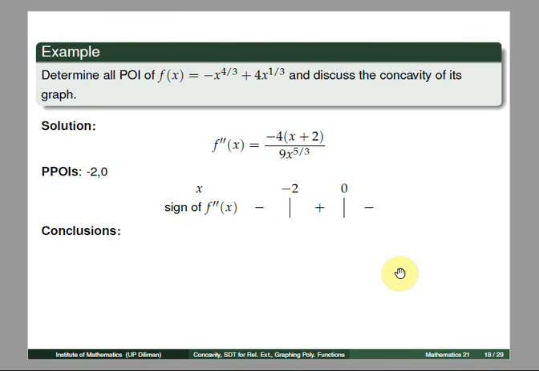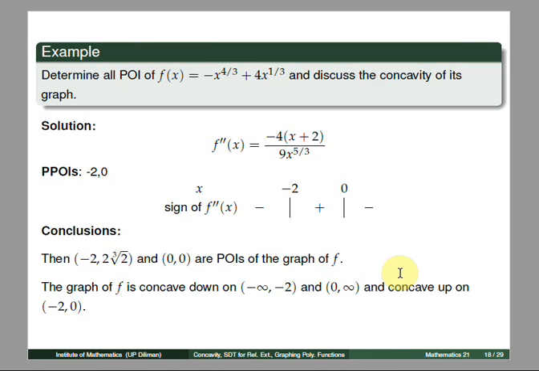So here are our conclusions. The points negative 2, 2 cube root of 2, and 0, 0 are points of inflection of the graph of f. And the graph of f is concave down on negative infinity to negative 2 and 0 to infinity, and concave up on the interval negative 2 to 0.